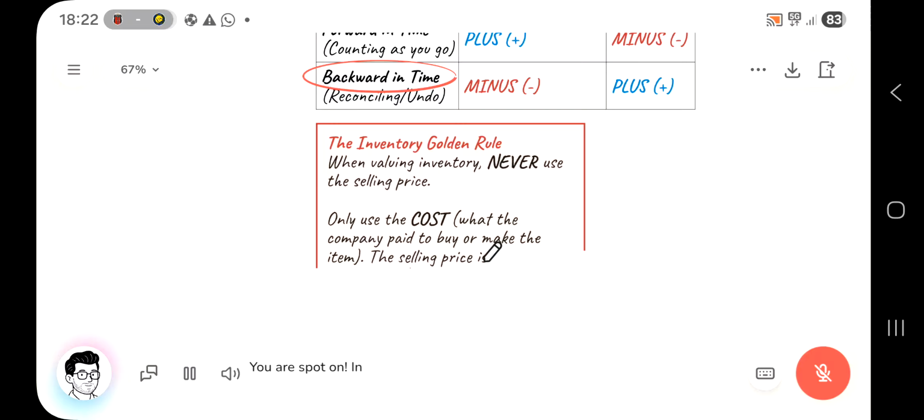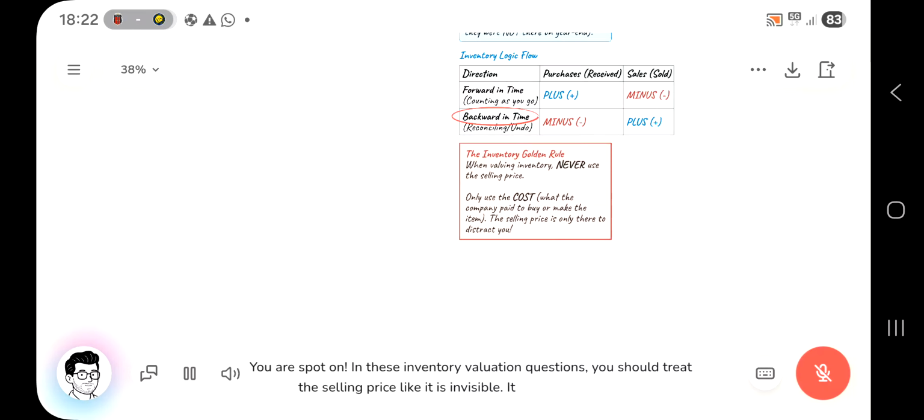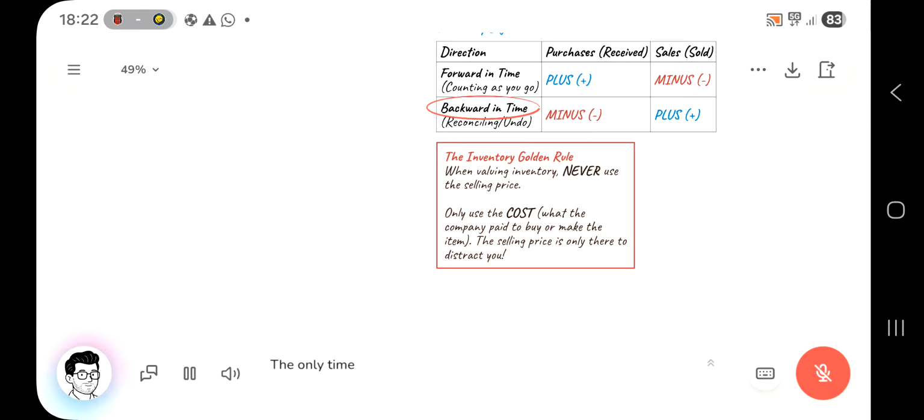You are spot on. In these inventory valuation questions, you should treat the selling price like it is invisible. It is a total distraction. The only time you would ever care about the selling price is if the question mentioned that the goods were damaged and we had to value them at their net realizable value, which basically means the lower price we could sell them for.